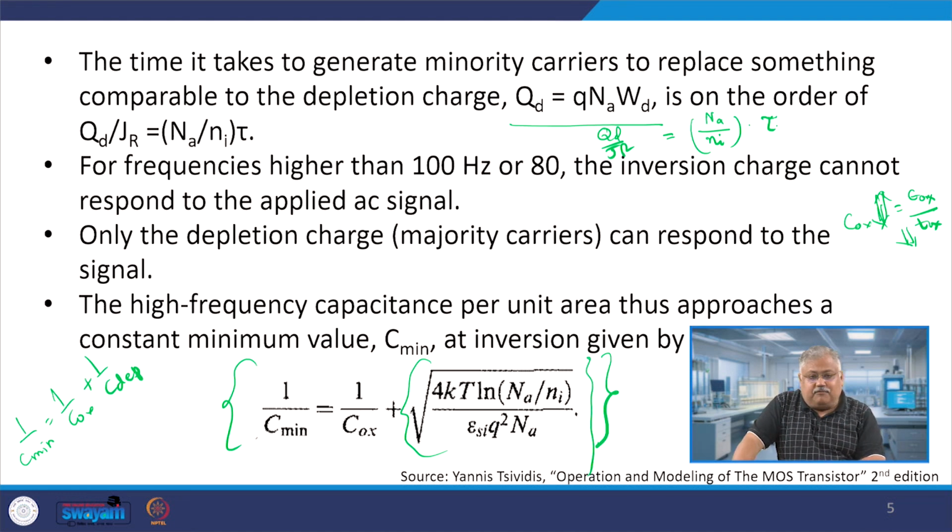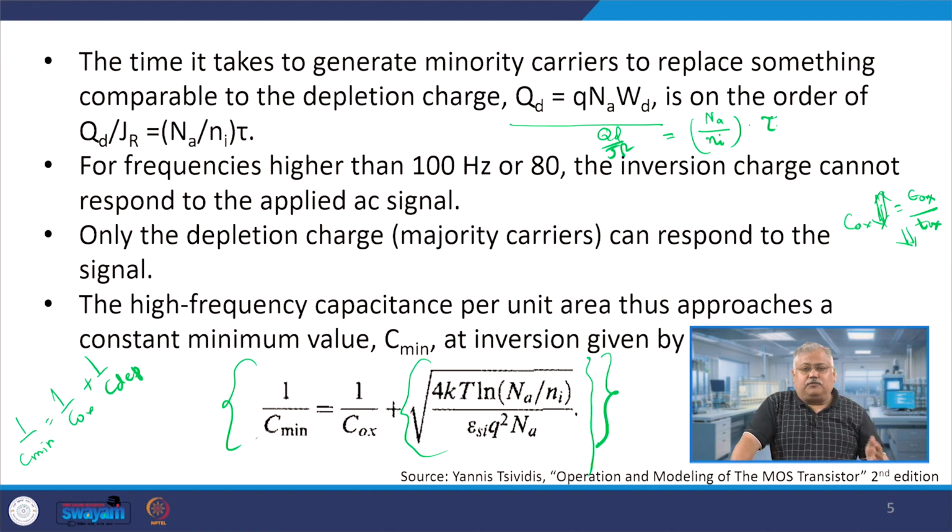Now, as the T aux value goes on reducing, which means that you have a thinner and thinner oxide layer, then your C aux goes on increasing, right, the oxide capacitance goes on increasing, which basically means that its contribution to the total value of C min starts to reduce.